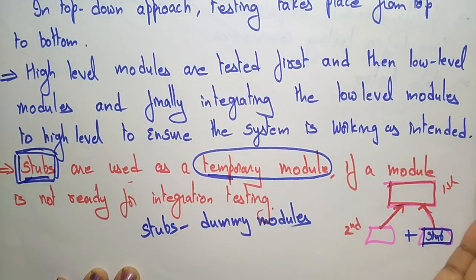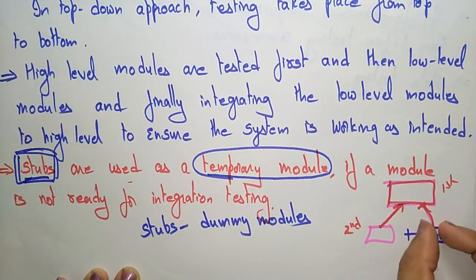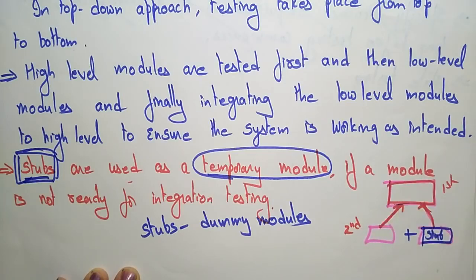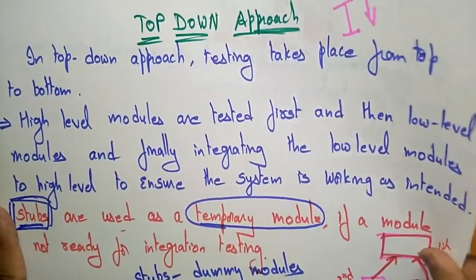So if this module is not ready for integration test, then you can make one stub here and you perform integration testing for the final thing. So this is about a stub. The stubs are always used in the top-down approach only.